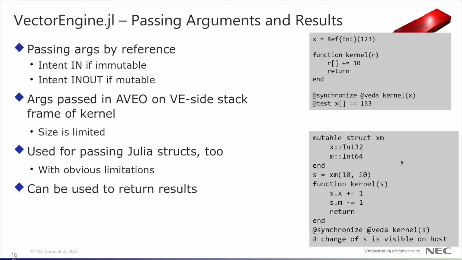The same way we can pass a mutable structure to a kernel. This is being passed on the call frame of the kernel, so it doesn't require additional transfers, and it can also be used to return results from kernel functions without additional reads to the memory.